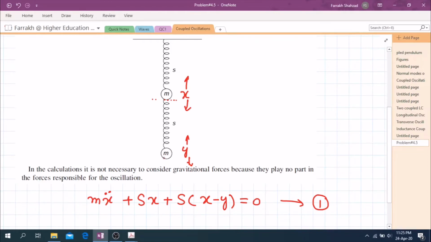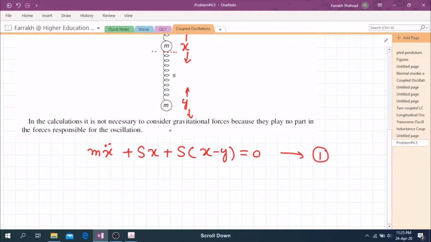Similarly, we will write the equation of motion for the lower mass. We know that the lower mass is attached to only one spring, so there will be only two terms: one from Newton's second law of motion, and minus S into (x minus y) equals 0.